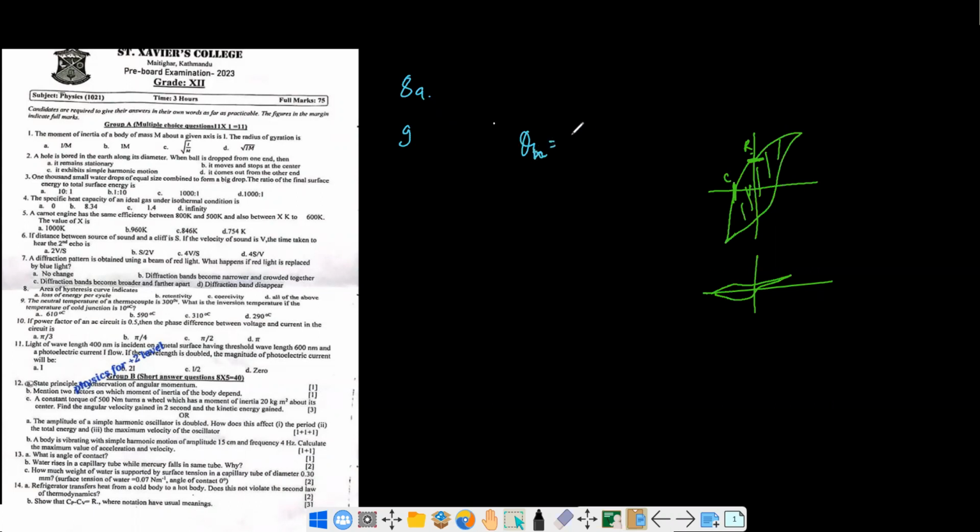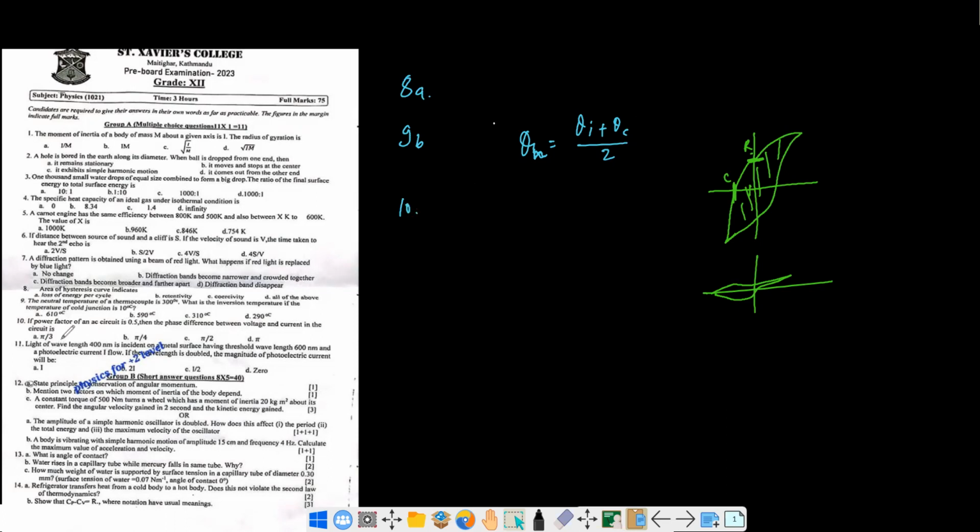Neutral temperature is simply the halfway of inversion temperature plus cold junction temperature. Okay, you can just do the simple mathematics. So this is going to be your 590. Okay, so this is calculated. This is 590 and 590 is there in the question option number B.